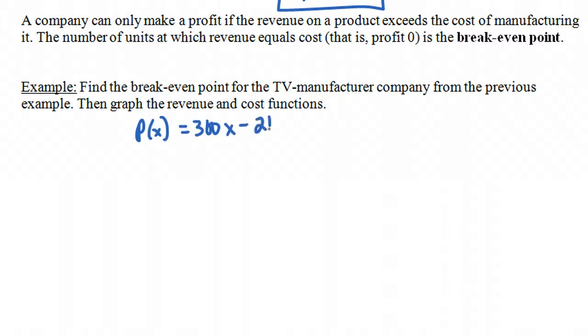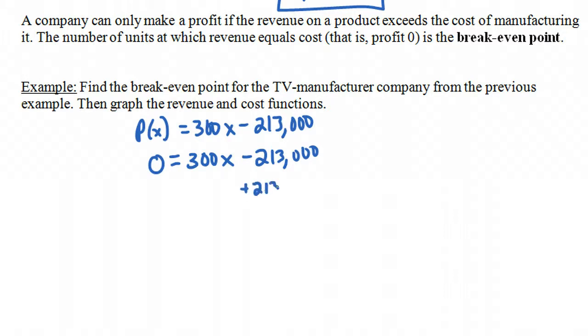And the question is, what values of X are going to make this positive? Well, the best way to figure this out is to figure out what value of X makes it 0. What value of X will make the profit be 0? We can solve this equation by adding 213,000 to both sides.